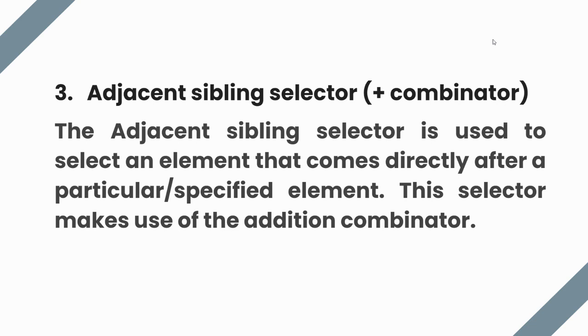But this selector styles an element that comes directly after the specified element. So this means that the element is not going to be within that specified element. It's going to be outside that element. With the addition combinator, the adjacent sibling selector would use that to style the element that comes after. And I would also explain this again when we get to our example.